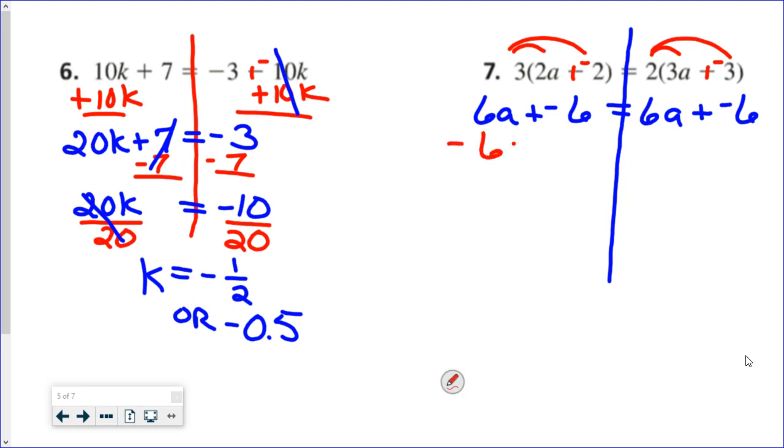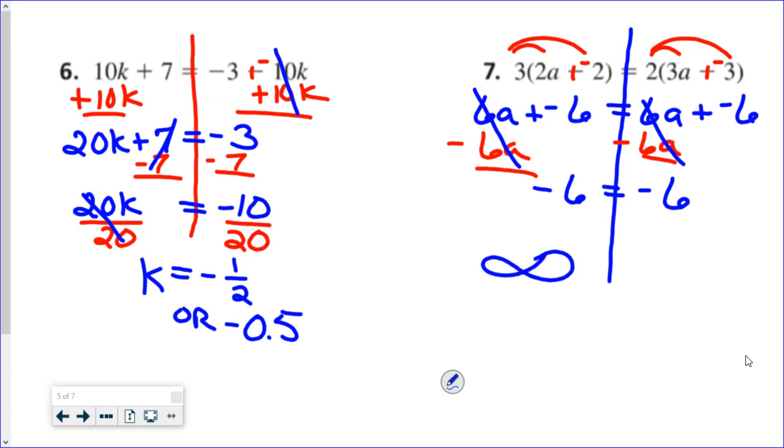I'm going to minus 6A's, minus 6A's. Okay. Is this going to give me an answer? Well, the A's go away here. Yep, it makes sense. Is it infinite? Yes, or all real numbers.